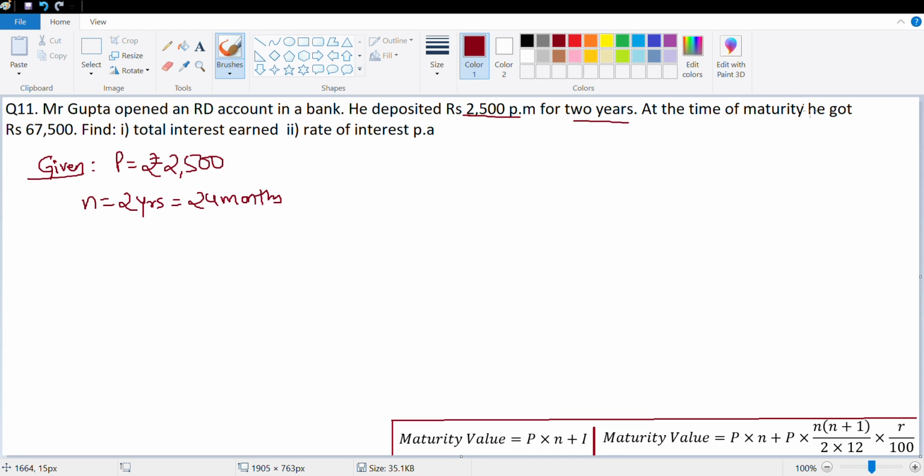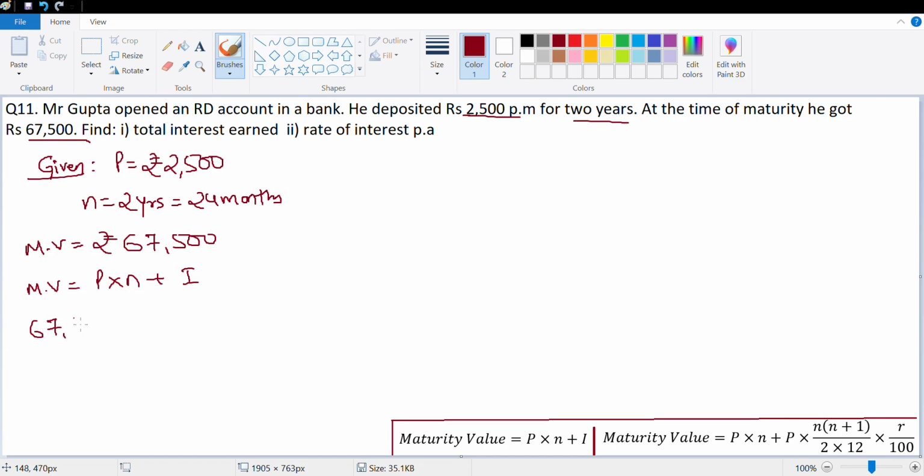This is done. At the time of maturity, he got rupees 67,500. So maturity value is equal to rupees 67,500. We need to calculate the total interest earned, and we also need to calculate the rate of interest. So I know maturity value is equal to principal into number of months plus interest.